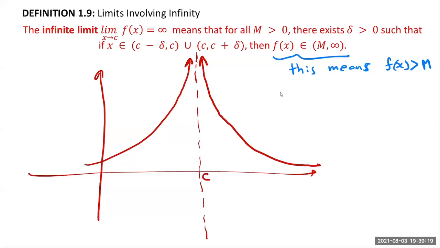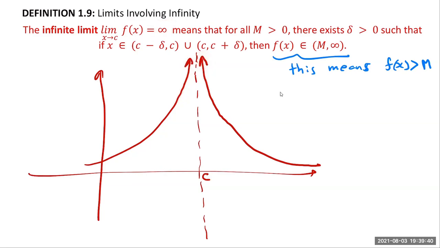So what does this mean? First of all, notice that geometrically it is clear that as x approaches c, f of x is infinity. Because as you can see, as x approaches c from either side, your y value is growing without bound. So the limit is infinity. This is clear from the graph.